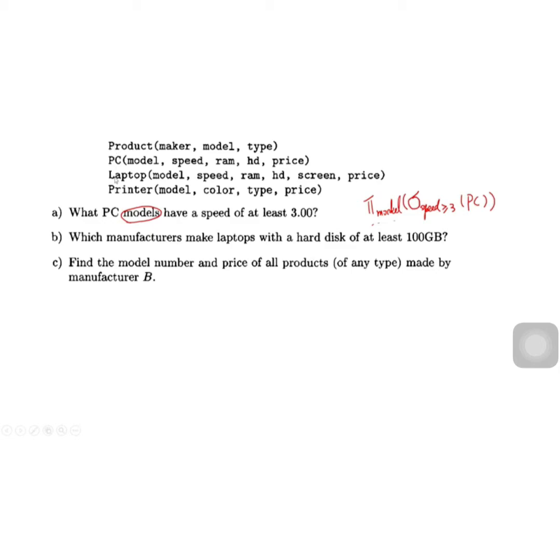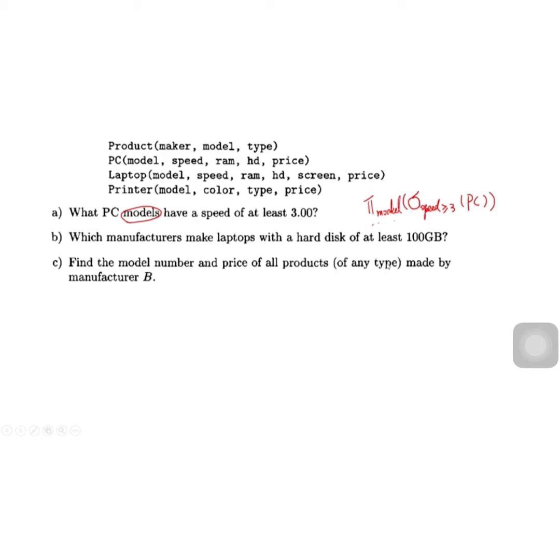So we'll use these two relations to finish our expression. Firstly, we answer the query of the laptop models with a hard disk of at least 100 GB, and we can write the expression like this.